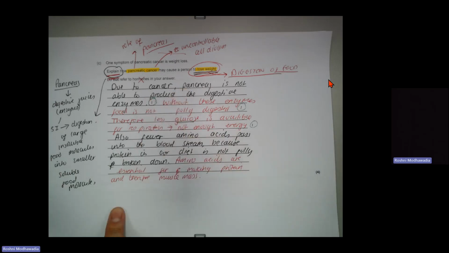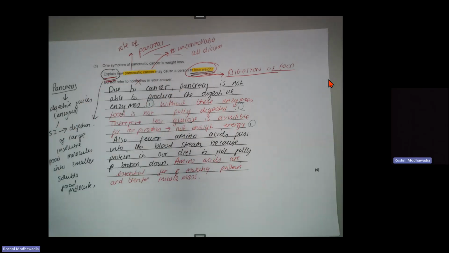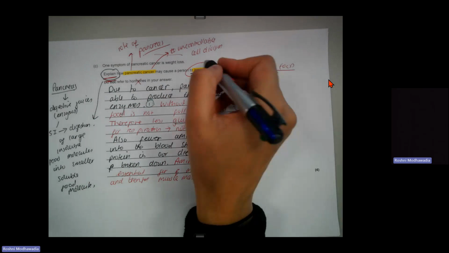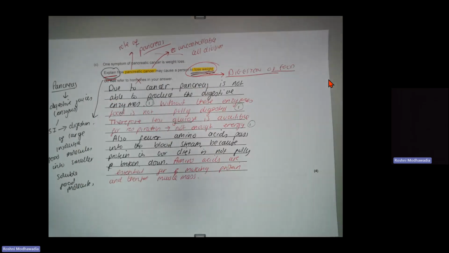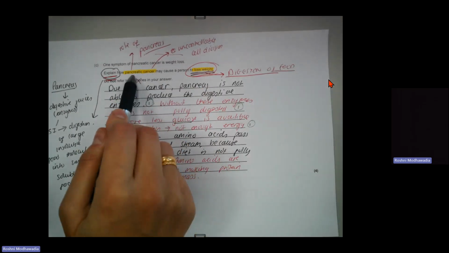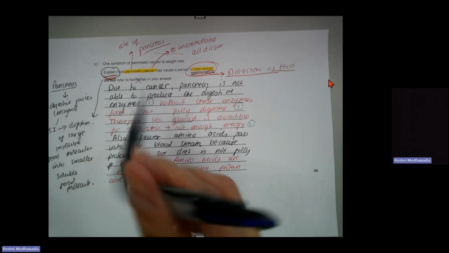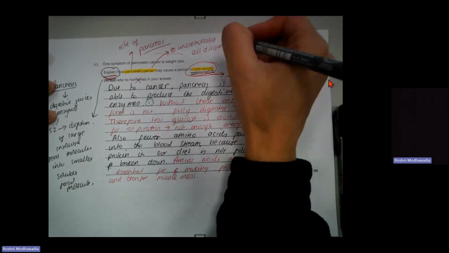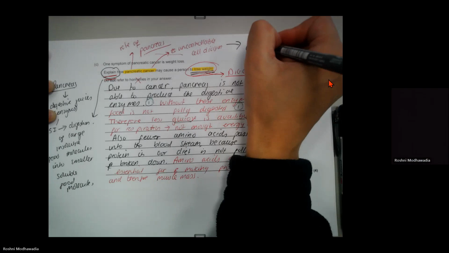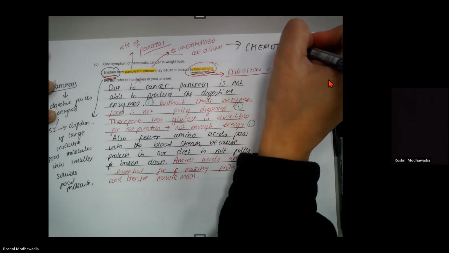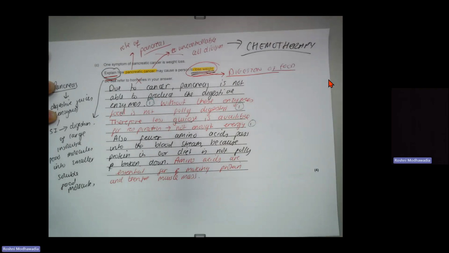That is all of my knowledge about the pancreas, but that's not the only reason why a person might lose weight if they've got pancreatic cancer. They've got pancreatic cancer, their pancreas is unwell. But we also know that one of the treatments for cancer is chemotherapy.